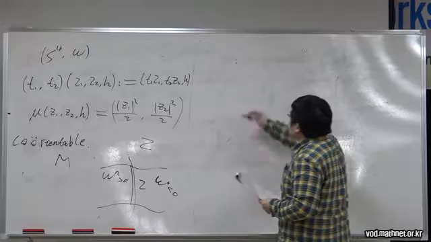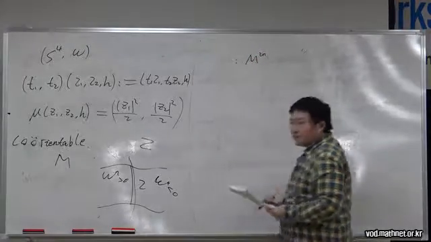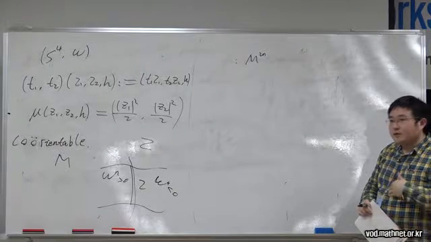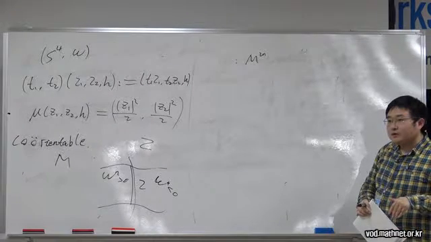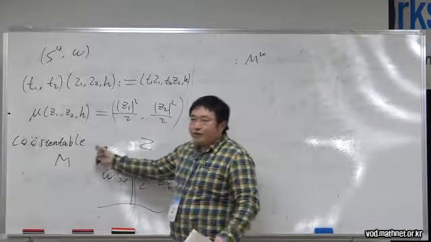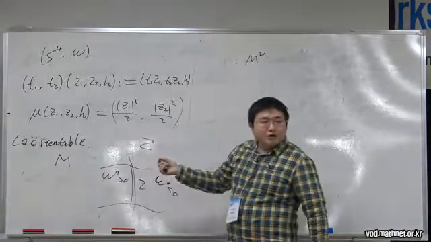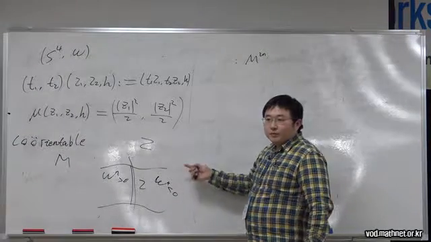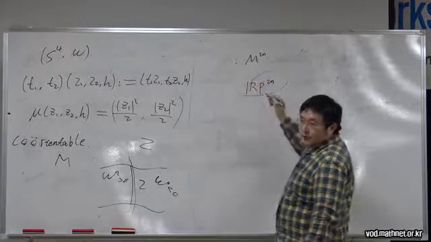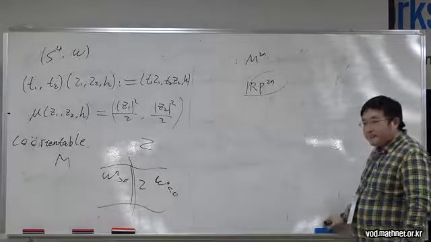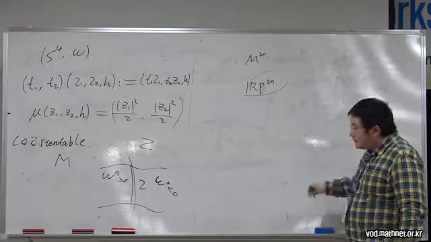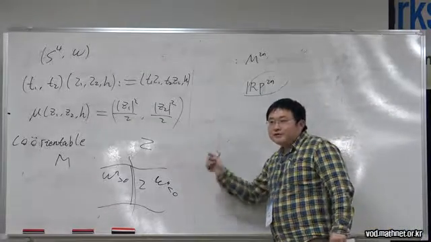Is it possible that Z cannot be co-orientable? Z is always co-orientable, that's what you're saying? No. We just give the definition of co-orientable. There is an example of Z that is not co-orientable. But in this talk we will talk about the co-orientable case.